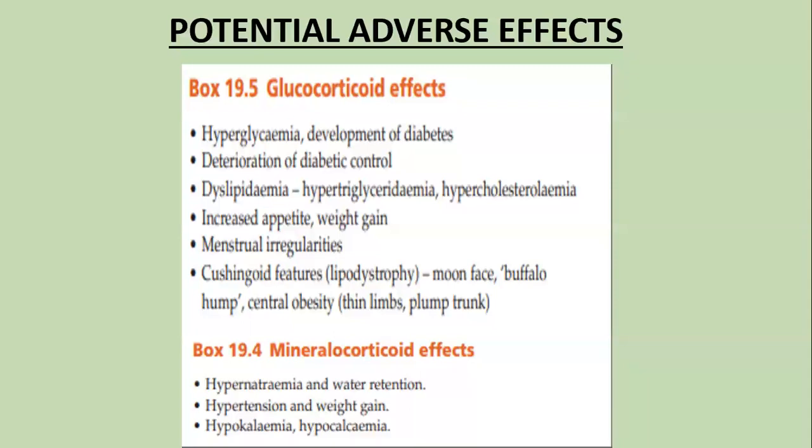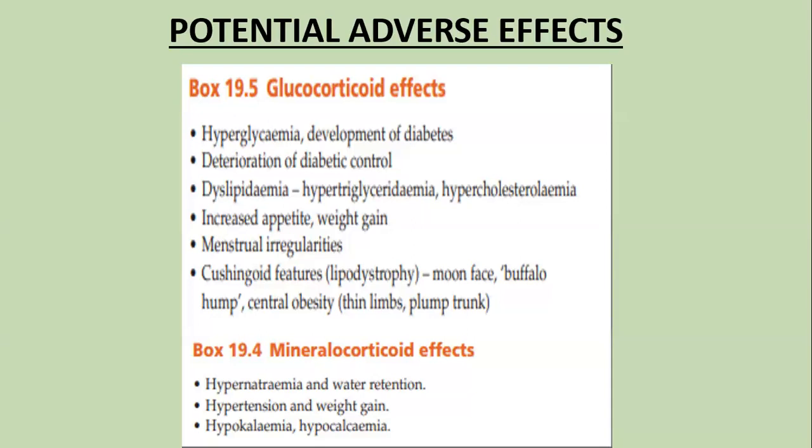The potential adverse effects of corticosteroids, the glucocorticoid effects. The common metabolic effects are hyperglycemia and development of diabetes if given for a prolonged period of time. If a patient is already diabetic, then diabetic control deteriorates. It also causes dyslipidemia, hypertriglyceridemia, and hypercholesterolemia.